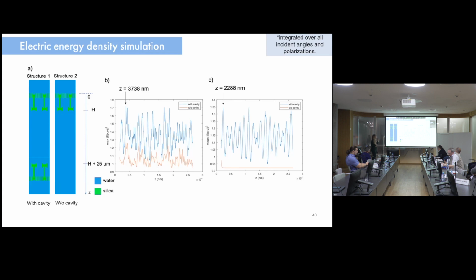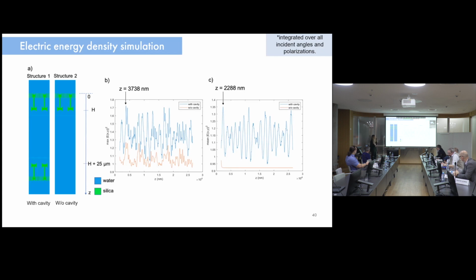The maximum peak can be observed at this specific coordinate, 3.8 microns, and the value for this structure with cavity is 1.7. So it means that it is 1.7 times larger than the incident wave propagating in the water.